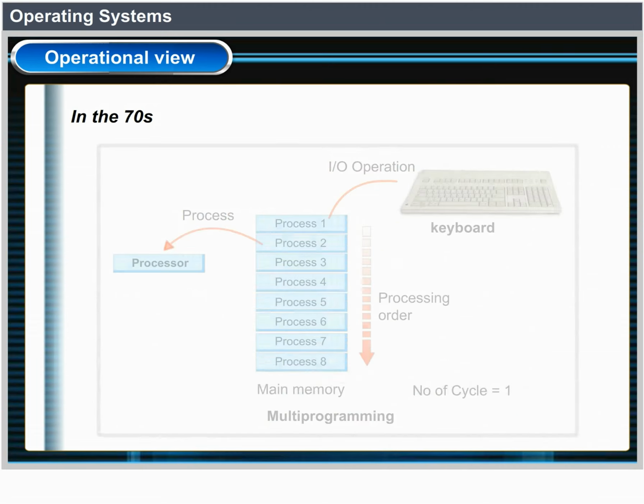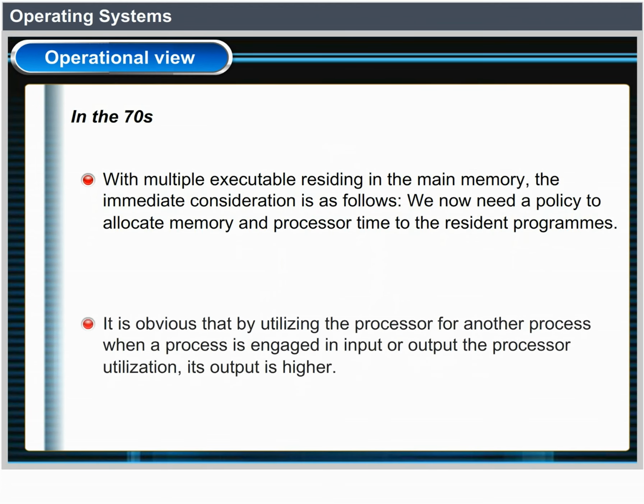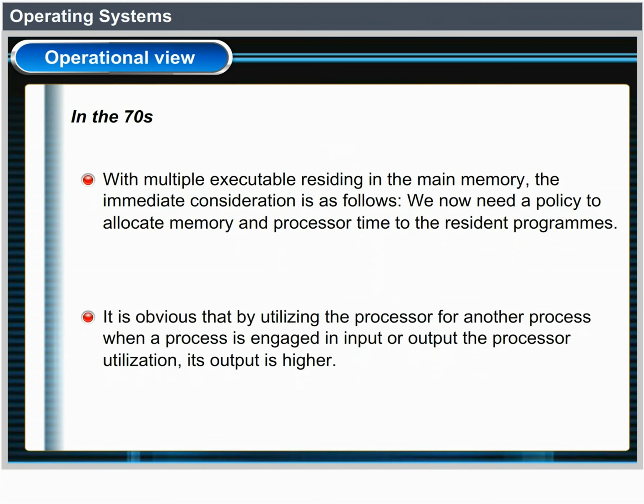With multiple executables residing in the main memory, the immediate consideration is that we now need a policy to allocate memory and processor time to the resident programs. It is obvious that by utilizing the processor for another process when a process is engaged in input or output, the processor utilization and, therefore, its output are higher.